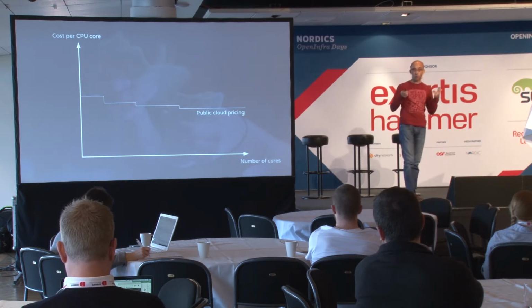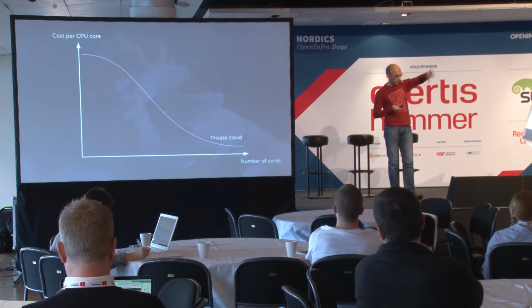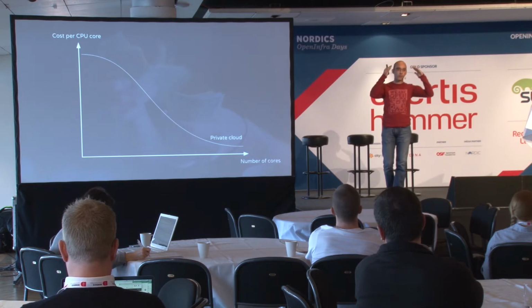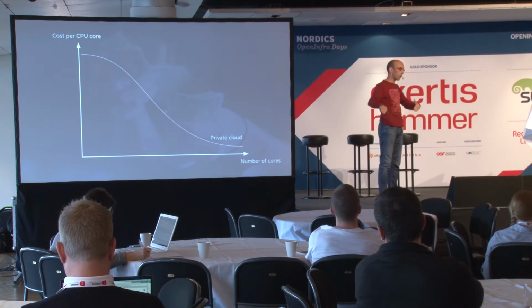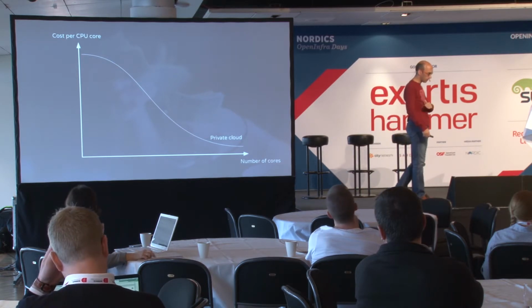The cost profile for private clouds, on the other hand, looks a bit like this: the high investment at the start, and then you hit economies of scale up to the point of diminishing returns at the end.